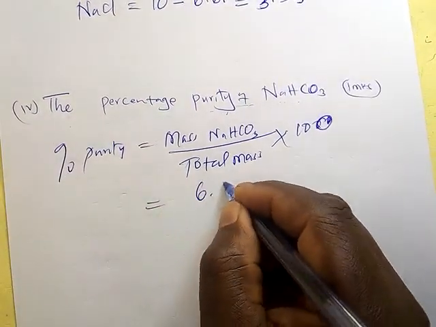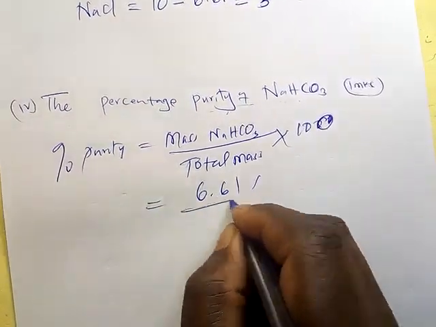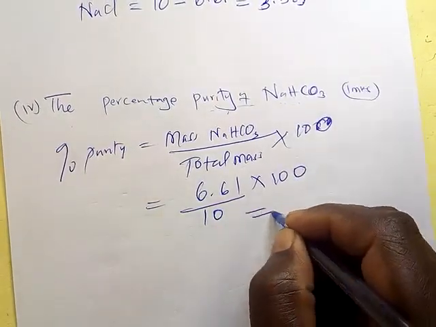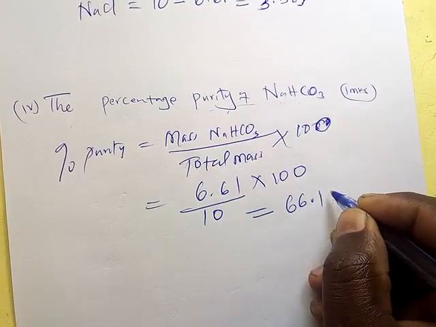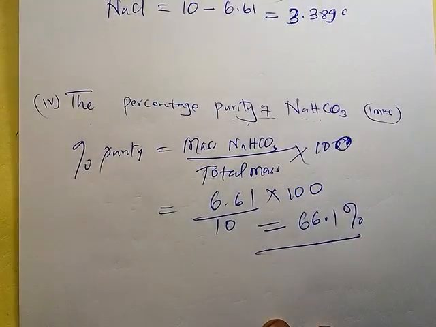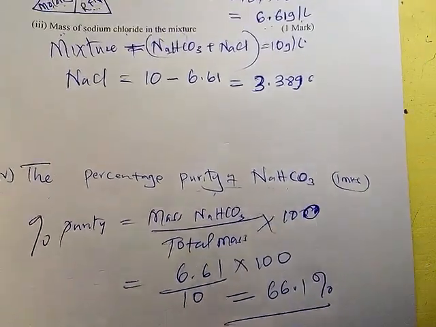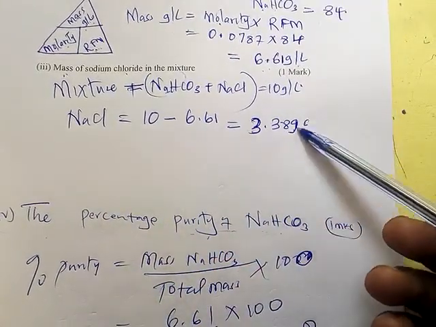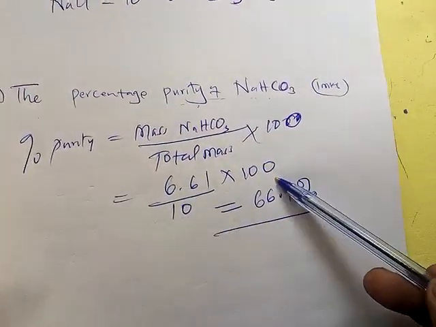So that is 6.61 divided by 10, the total mass, times 100, and that gives us 66.1%. So the percentage purity of sodium hydrogen carbonate is 66.1. If you were asked the percentage purity of sodium chloride, it is this one divided by 10 times 100.